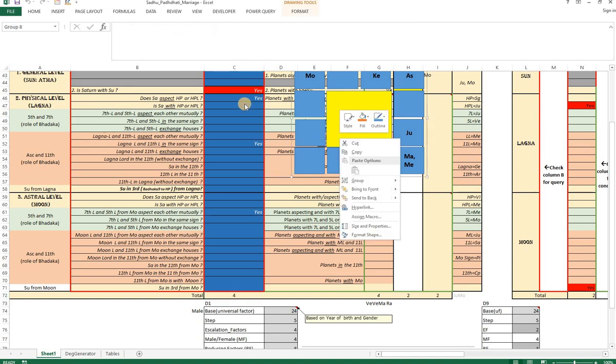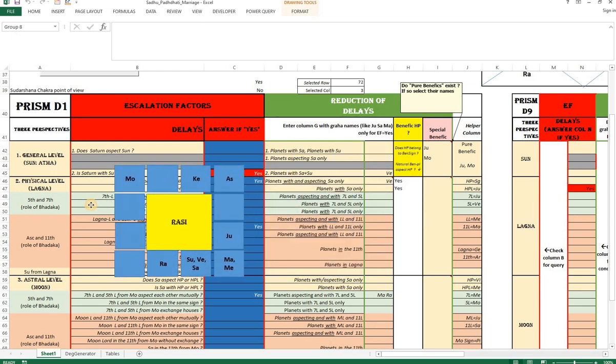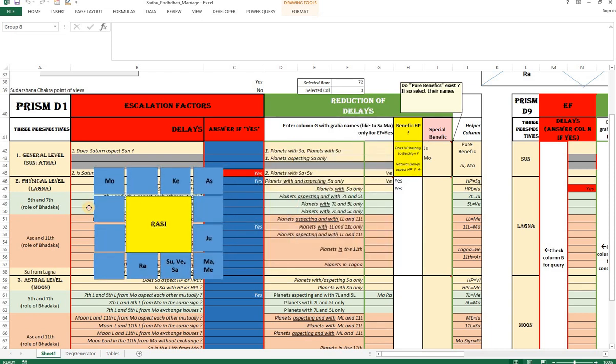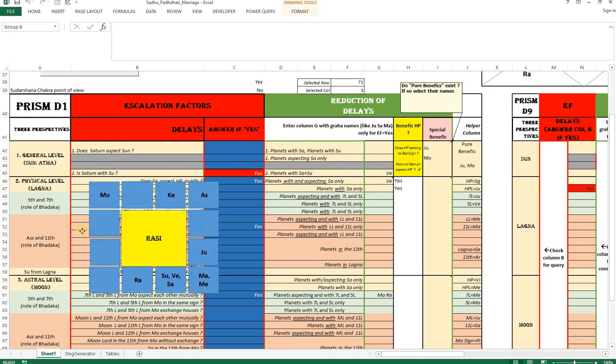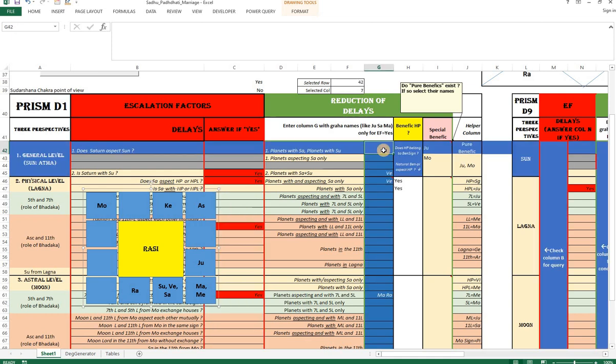So in essence, all the escalating factors are added up. Similarly, for each of the escalating factors, there is something called a reduction of the delays, which is a positive one, which is going to be green, and the user has to enter again this particular column, whether there are planets.